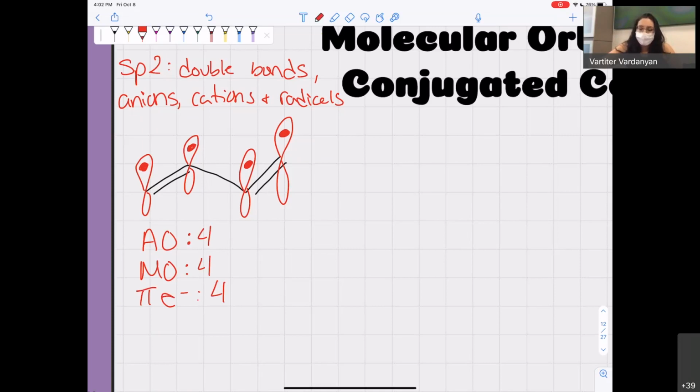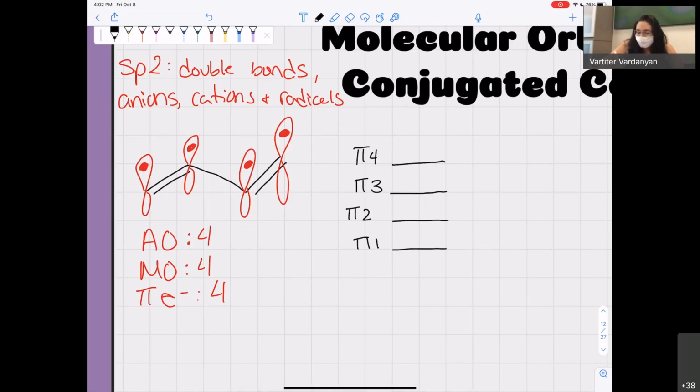So once we have that set, we're going to move over here and draw out 4 energy levels because we have 4 orbitals. So these orbitals are going to translate into 4 orbitals in our diagram, right? And we're just going to call them pi 1, pi 2, pi 3, and pi 4.